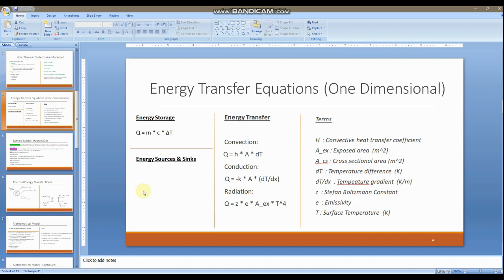And if you really want to master thermal systems modeling, then you will have to take a look at multiple such cases, perhaps in textbooks, and master how to model energy sources and sinks for different types of cases. We'll be studying one such case today, and I'll show you how to model the energy source and the sink for that case.